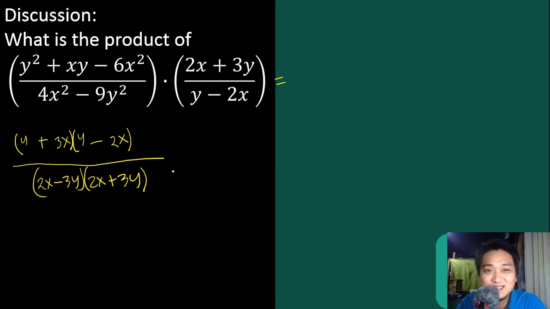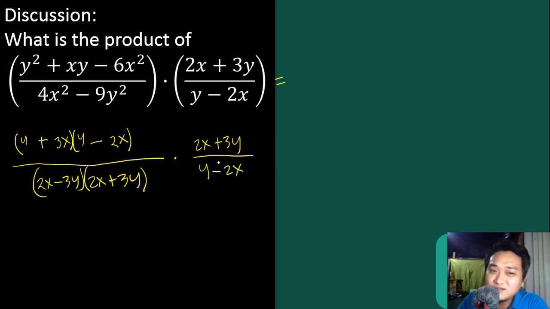Diba? Ang galing. What else? So this is 2x plus 3y. Hindi yan natin babaliktad kasi times yan. Binabaliktad lang natin pag nagdi-divide, or kinukuha lang yung reciprocal pag nagdi-divide. Okay. Sige. Y minus 2x.